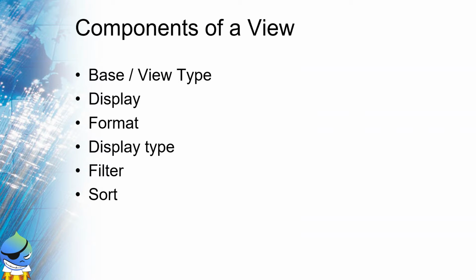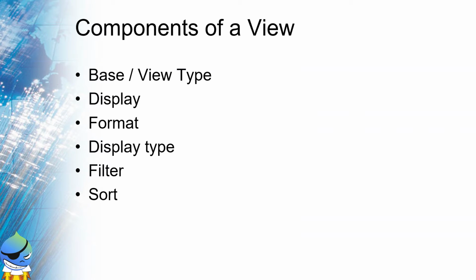But I would say 95% of the views you'll ever build are views of content, and that's a kind of view. Think of it as the outermost table, if you have any clue what a database is. And so what you do is you define, I want a view of content, and then I'm going to filter it. And so I can do that. Then within views, you have displays.